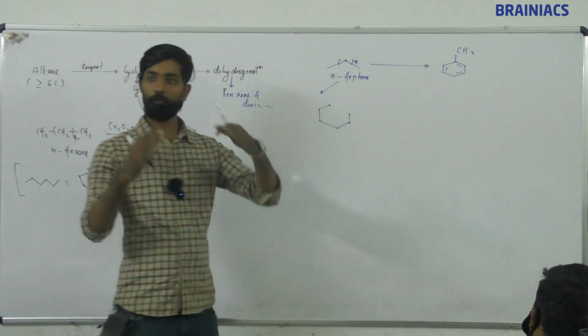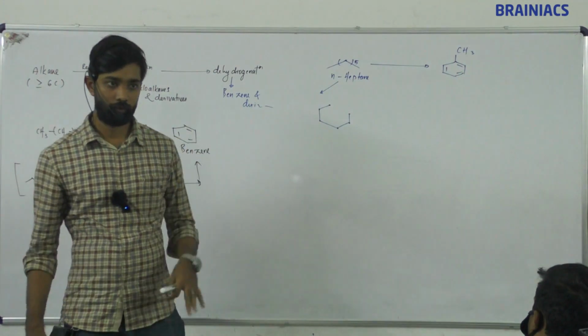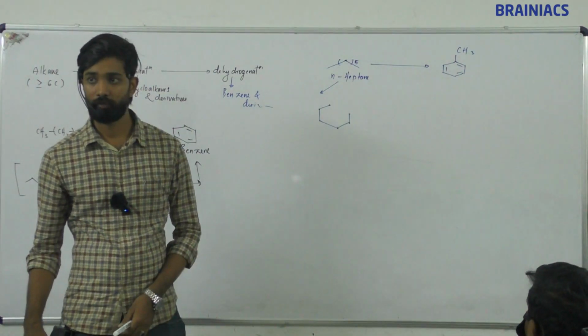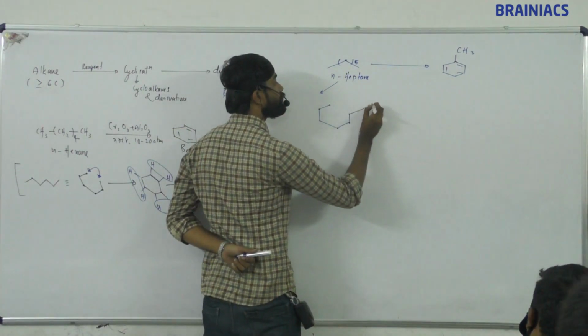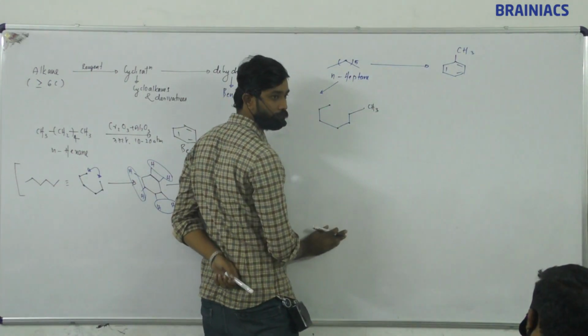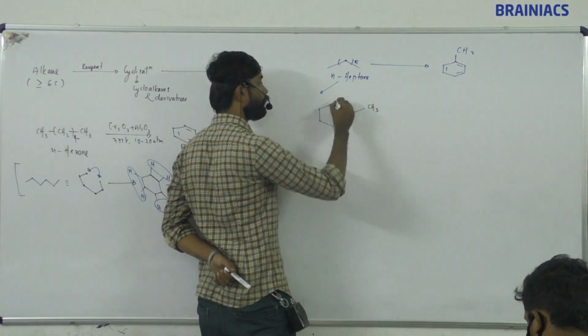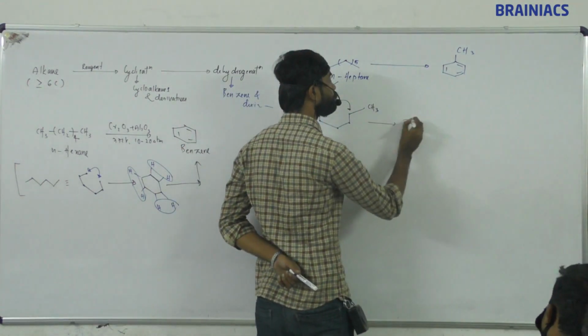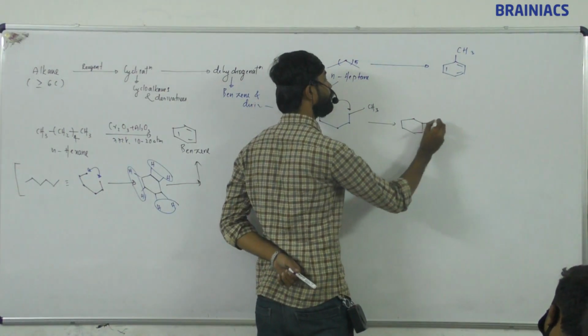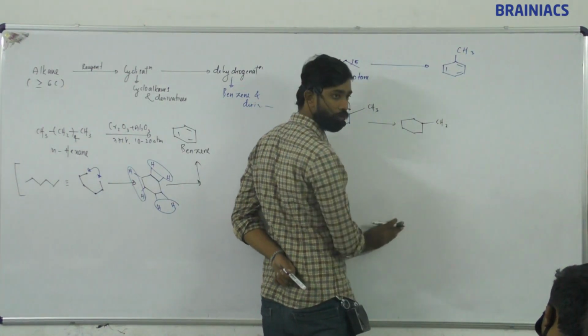The ring is made up of only 6 carbons because it has to form benzene. Agreed? So here it becomes methyl cyclohexane.